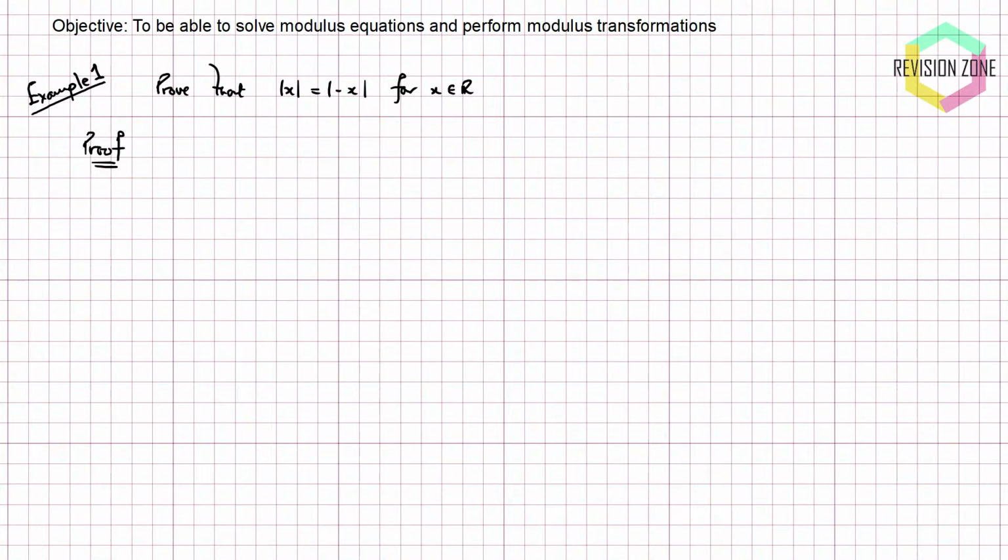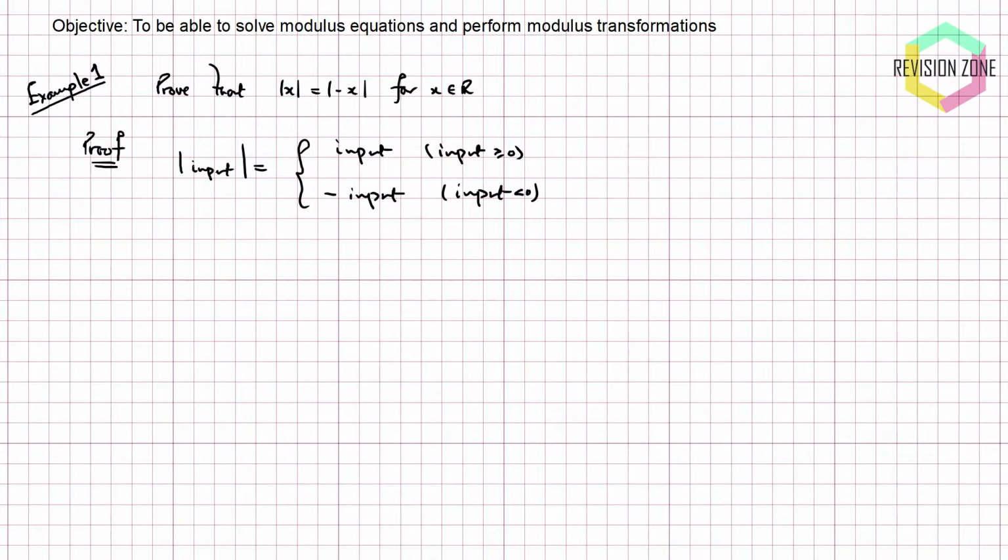What we want to look at is the definition. We know that the modulus of any input is defined to be a piecewise function. It's just going to be the input itself, assuming that the input is not negative, and it's going to be negative of the input, assuming that the input is itself negative.